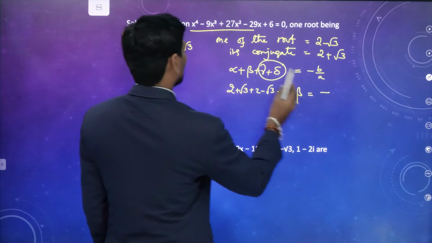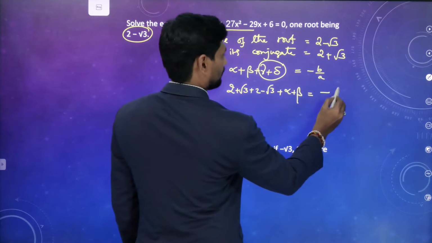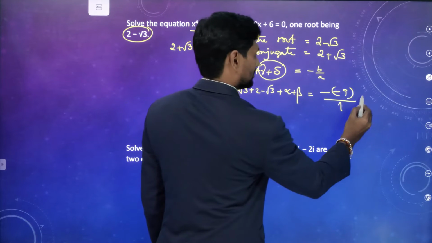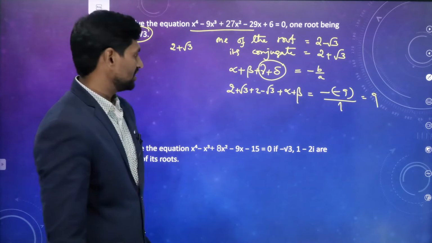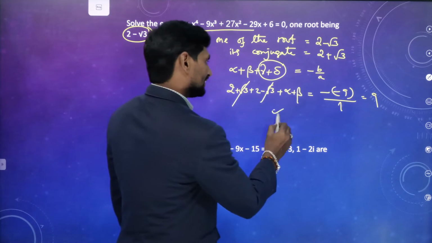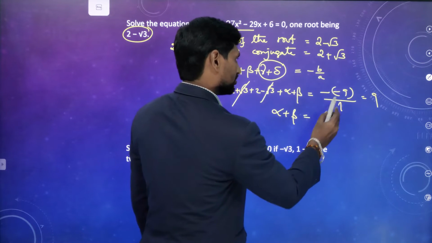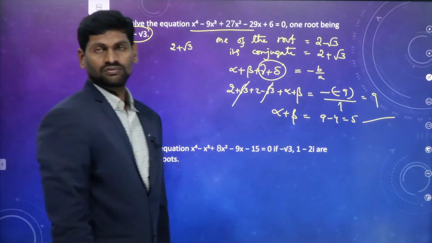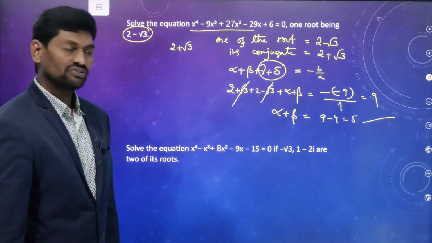Minus b value is minus 9, so it becomes plus 9, and a value is 1, so this is 9. Now, plus root 3 minus root 3 cancel, 2 plus 2 is 4. Then the sum of roots alpha plus beta equals 9 minus 4, which equals 5.